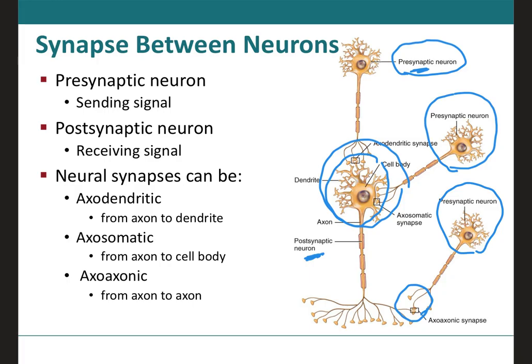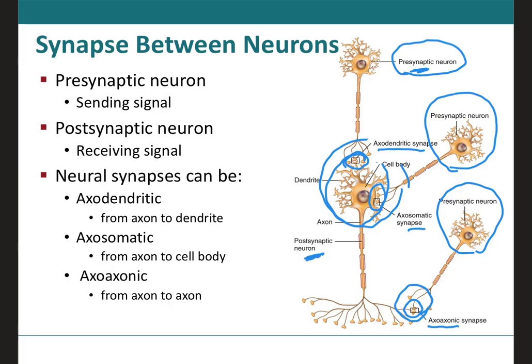Examples of these include the axodendritic, as we can see over here. So it's a synapse from the axon to the dendrite. Then we have what we call the axosomatic synapse, which will be from the axon to the cell body, like the name says. And the last one is going to be called the axoaxonic. So definitely from the axon to an axon, as we can see over here.